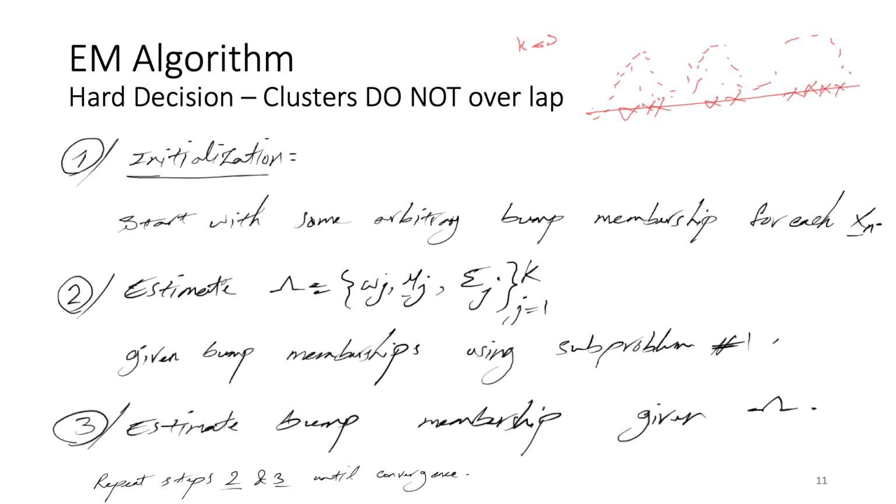In the case that these clusters don't overlap, right? In a soft decision that we talk about next session, we allow the clusters sometimes to overlap. So that's another way to cluster. Any questions for this? You got the idea?